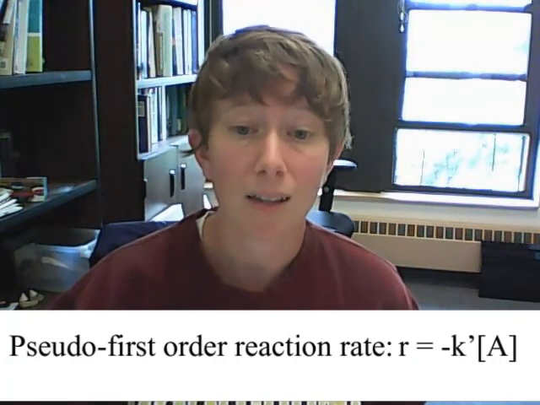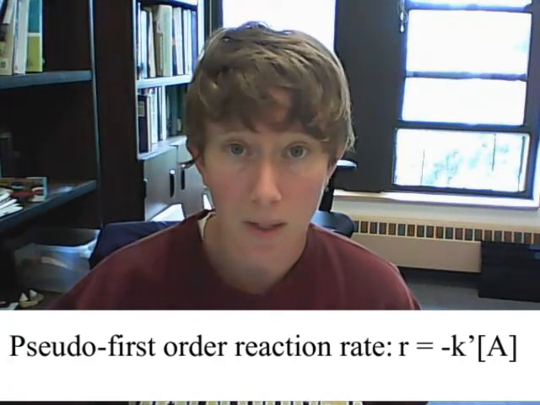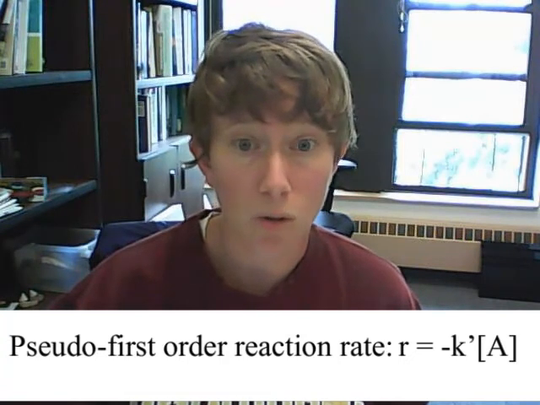Pseudo first order reactions can be treated like first order reactions in calculations that involve reaction rates, and thus they're very popular with engineers. However, the pseudo first order reaction rate might depend on other variables. So here is an example of a pseudo first order reaction rate R. Again, in this situation, the reaction is consuming A, so the reaction rate is negative.